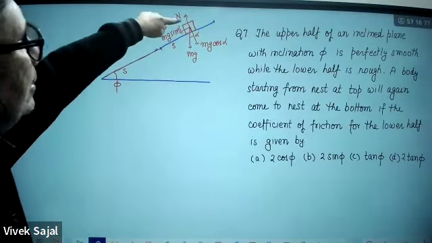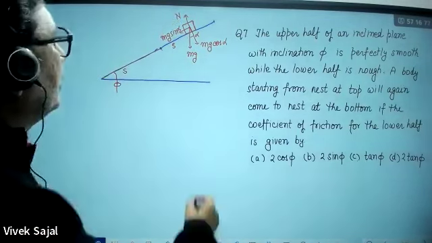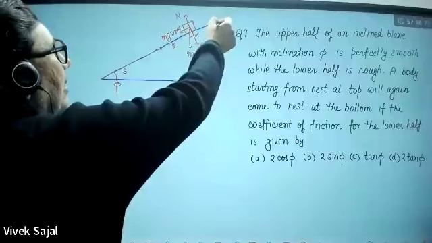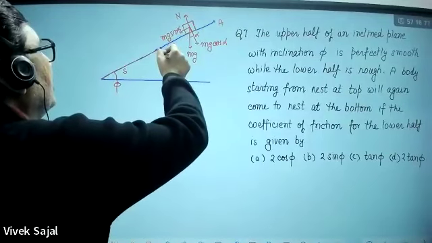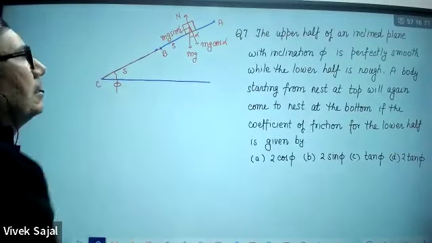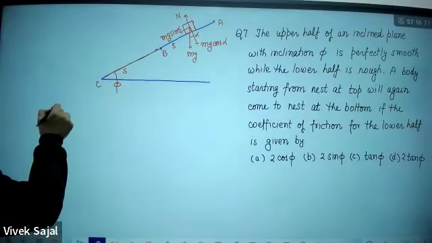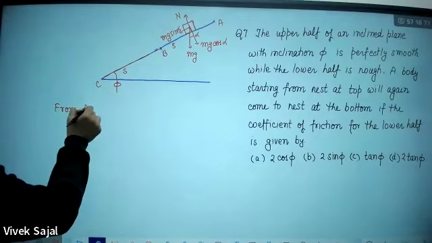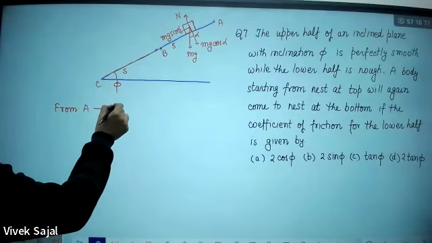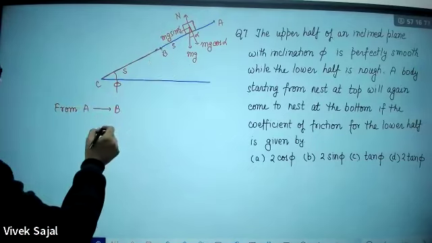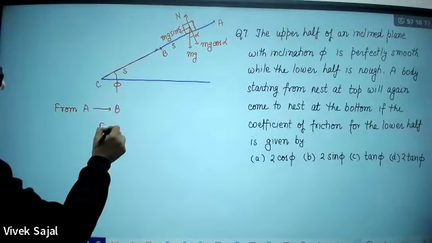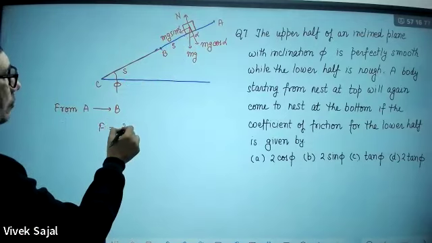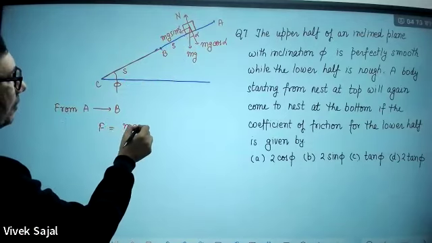So what will be the acceleration during this part? Only one force is acting here. For the first part, I write it as A, this is B and C. From A to B, the force that is responsible for the sliding of this block is equal to mg sin alpha.